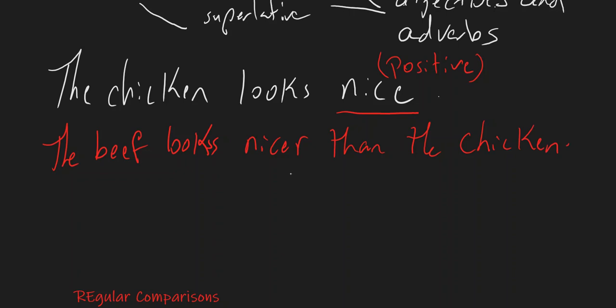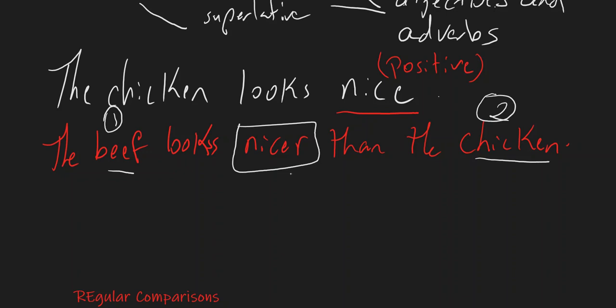Here in this case, I'm comparing the beef with the chicken in terms of being nice. And I'm comparing two items. Item number one, this is the first item, and item number two, this is the second item. And I add an ER at the end of the adjective to show that I'm comparing two things. This type of form is called the comparative form of the adjective because we're comparing two items or two things.